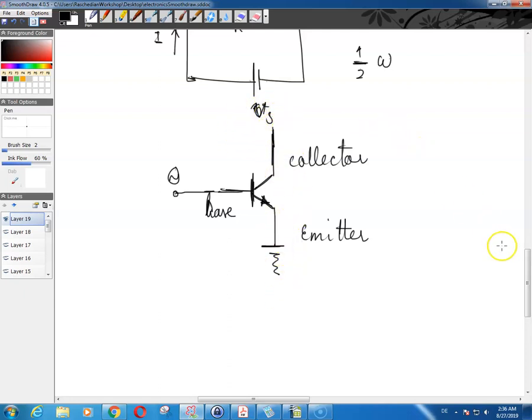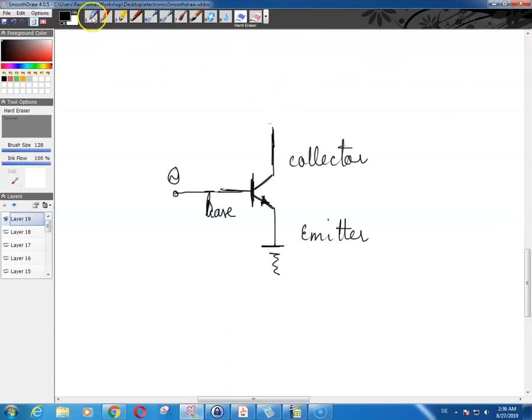And then you have some load over here that is connected to your power supplies. Let's say that this is your V of S, negative, positive, for example. Your load is over here. Suppose that you want to turn a lamp on and off.